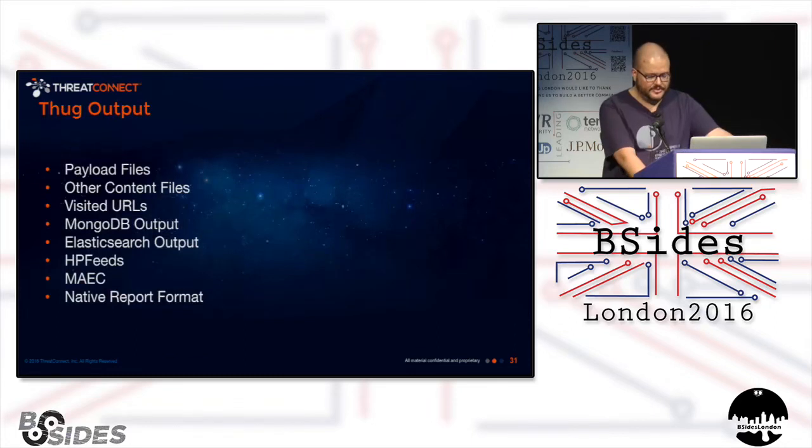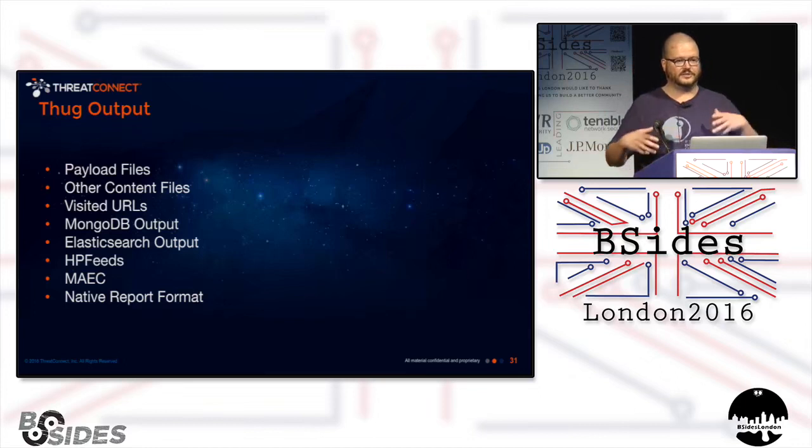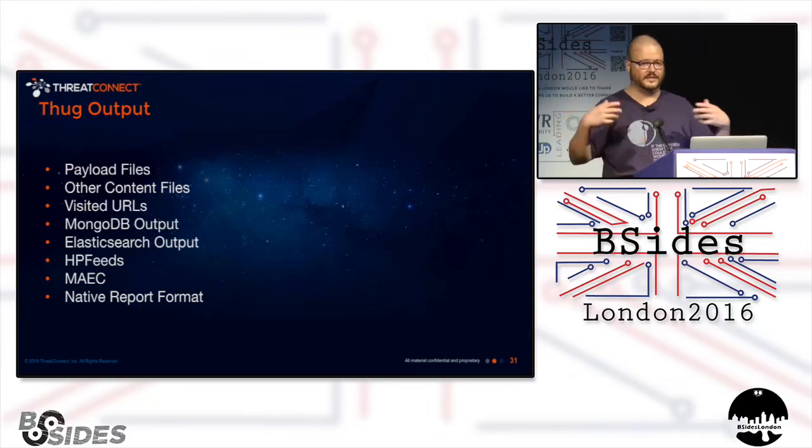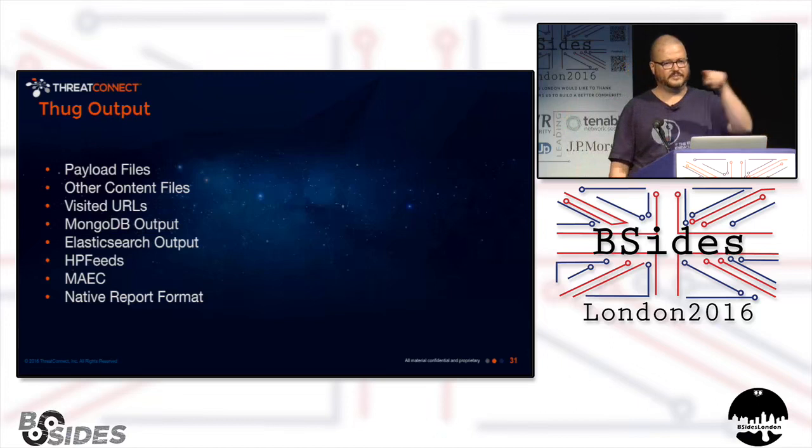So what is the output of Thug? It gives you a lot of payload files. So if it gets the payload, it gives you the payload. It also collects all of the different HTML and JavaScript files that get you there. And so you can analyze those. And one of the neat things about it is it arranges them in time.